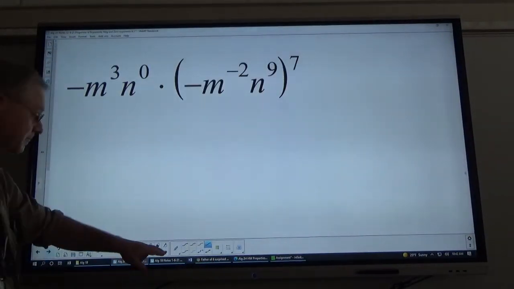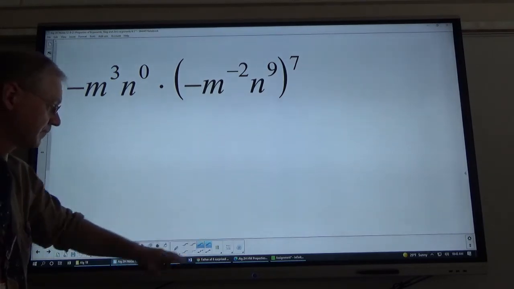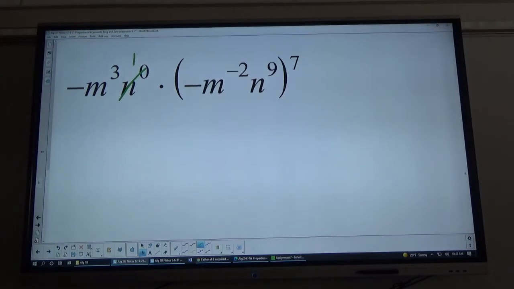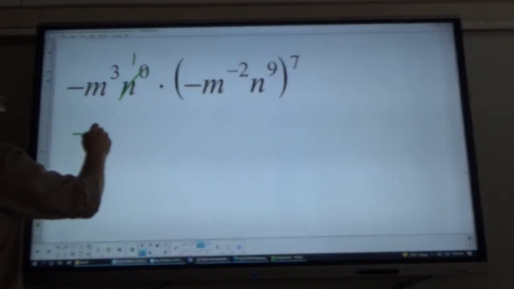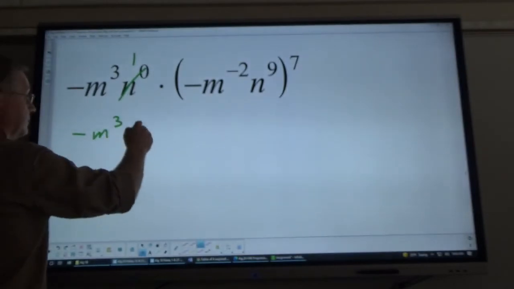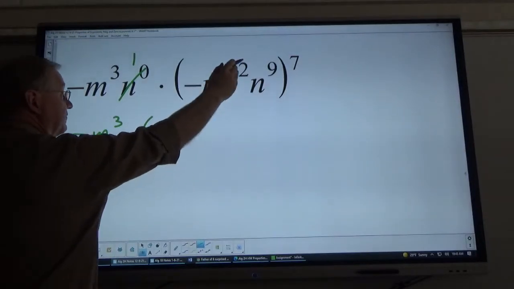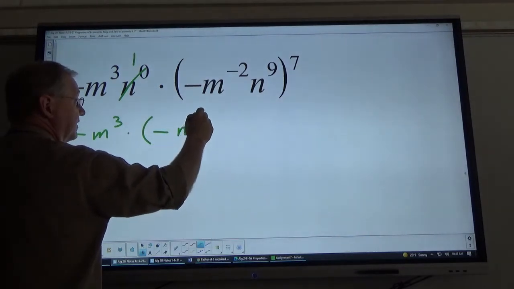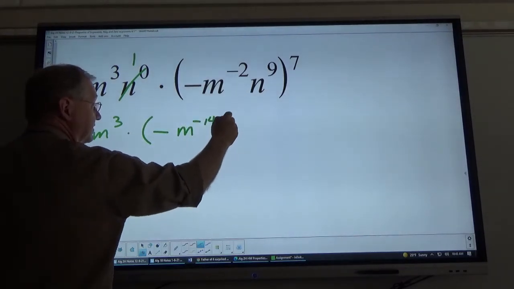In this problem, that's a 1, right? I'm going to apply the 7 power, -m to the 3rd times. A negative raised to an odd power is still negative. M to the -14, N to the 63.